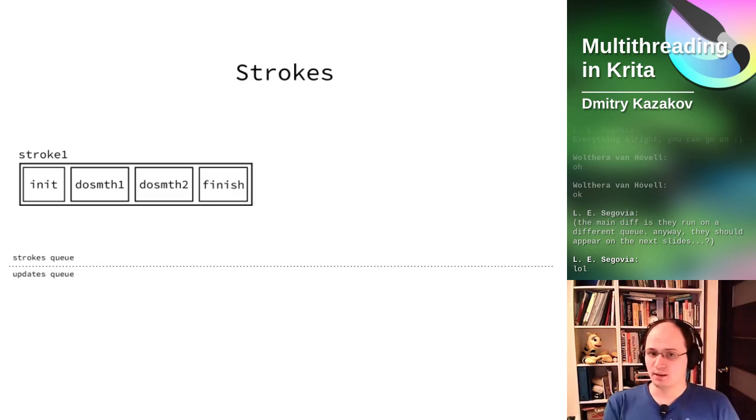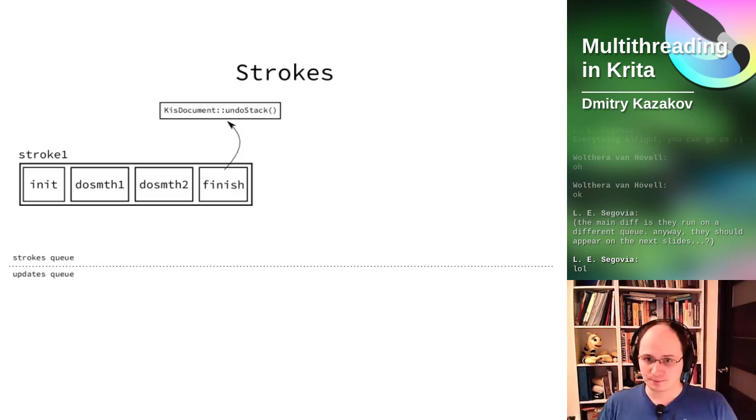Usually in init job we do some initialization of the action, and in finish job we usually add undo information to the undo stack, and in the middle we just execute something in some way on some CPUs we have.